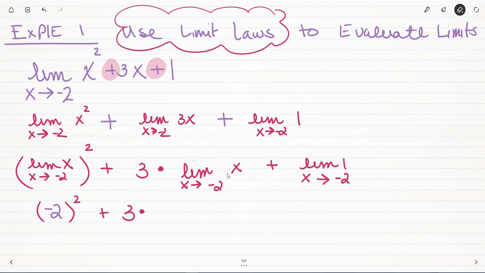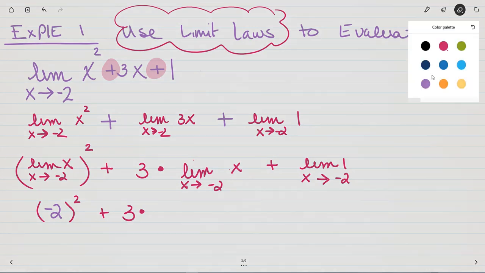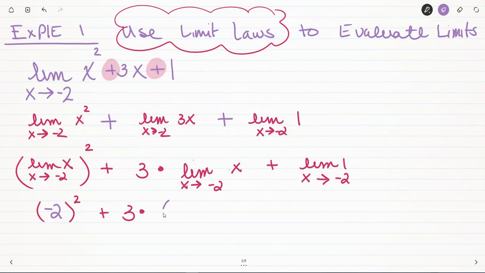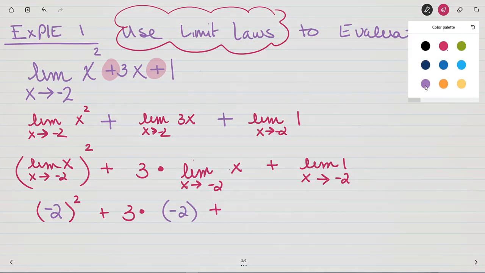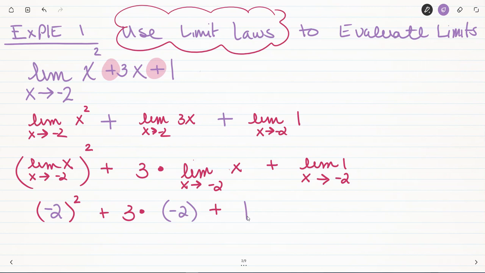And the limit of x as x approaches -2 is just -2. And then we have the limit of a constant. Regardless of what x is approaching, the limit of 1 is always just going to be 1. So what it's approaching doesn't even matter. The limit of a constant is just that constant.